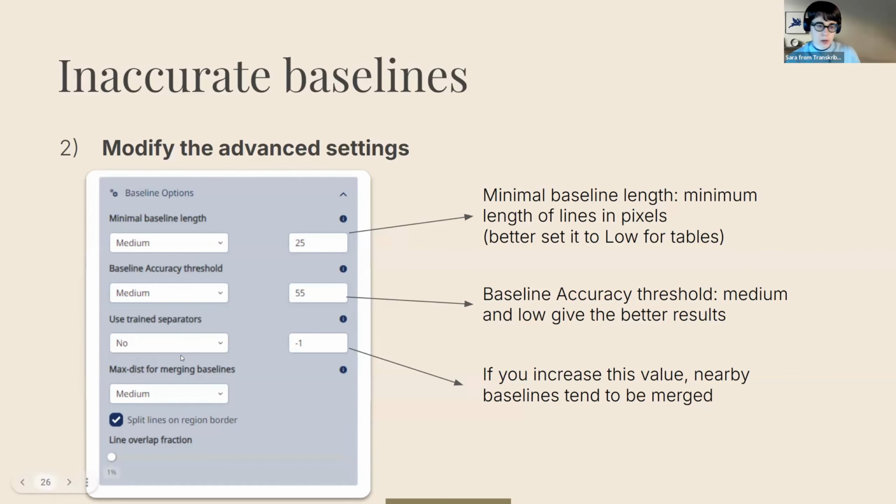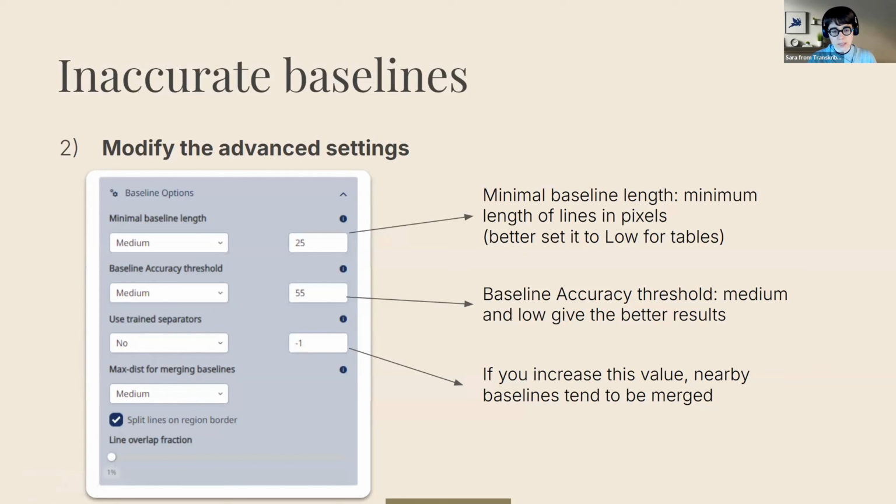Then we have this option, use train separators. By default, it's set to no, or you can decide if you want to set it to sometimes or yes. And when you increase this value, it means that nearby baselines tend to be merged. So if it's set to no, it means that usually close baselines are not merged.